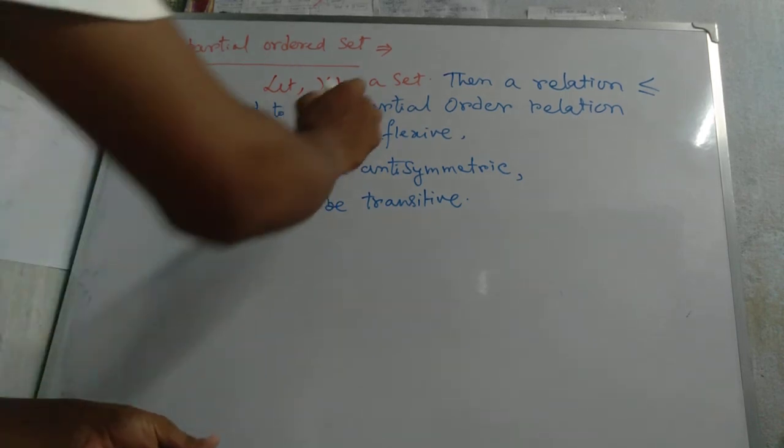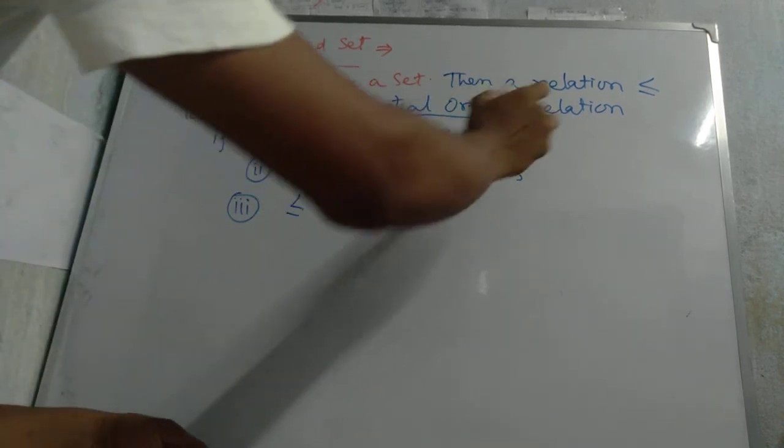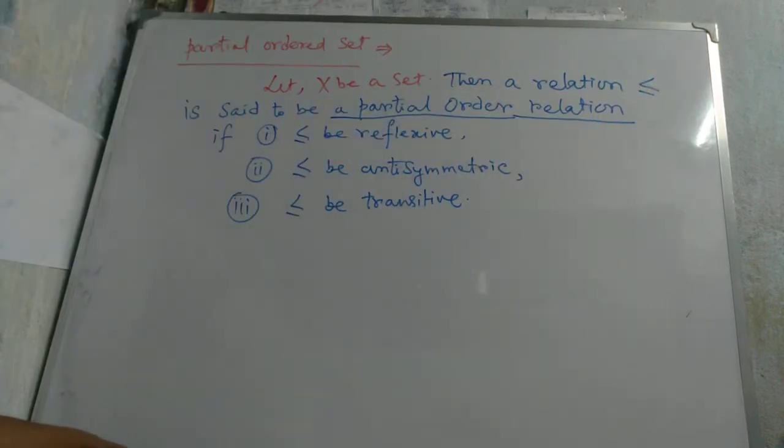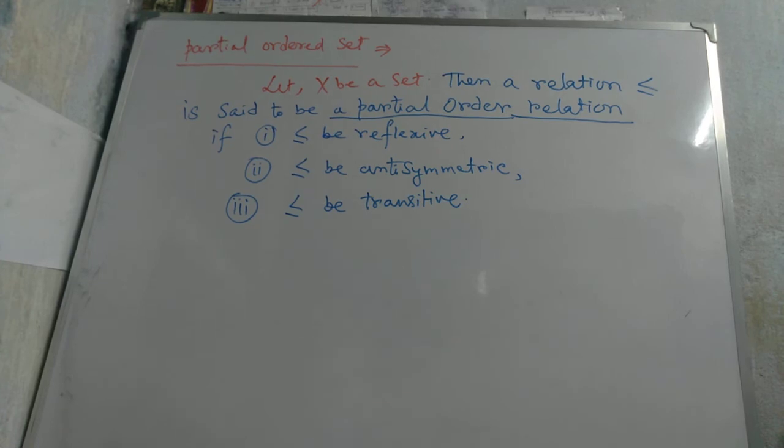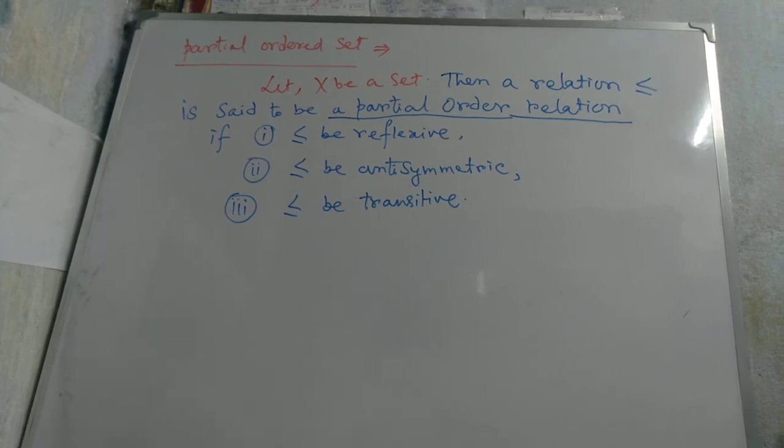Then this relation is called a partial order relation.